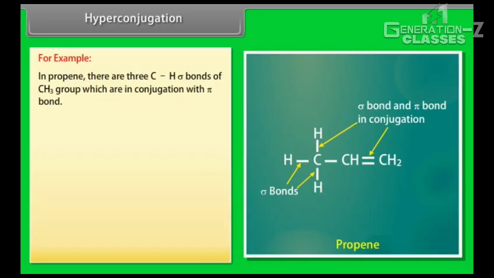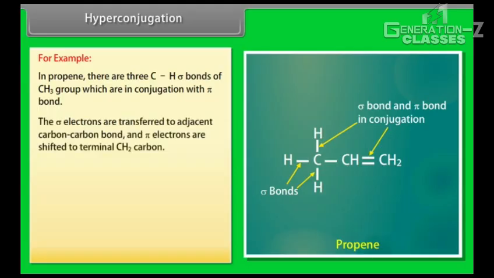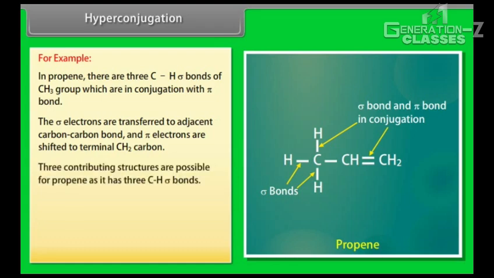For example, in propene, there are 3 C-H sigma bonds of the CH3 group which are in conjugation with the pi bond. The sigma electrons are transferred to the adjacent carbon-carbon bond and pi electrons are shifted to the terminal CH2 carbon. 3 contributing structures are possible for propene as it has 3 C-H sigma bonds.